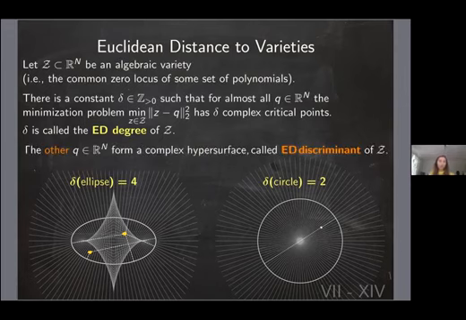The points where you do not have the correct number, like 4 in the case of the ellipse, these exist, and they form some sort of complex hypersurface called the discriminant of the variety. And in these examples, the discriminant is exactly this diamond shape.